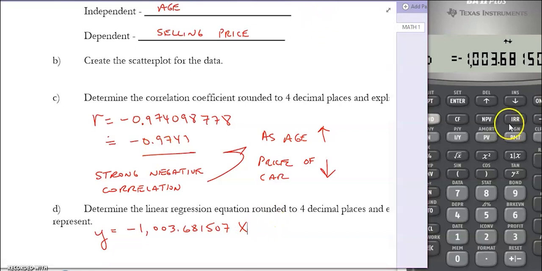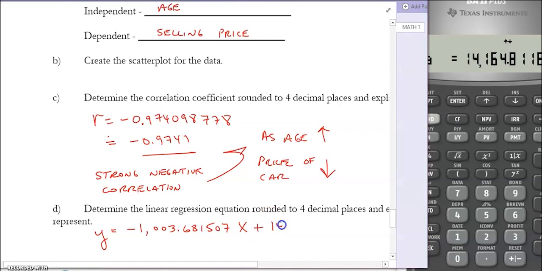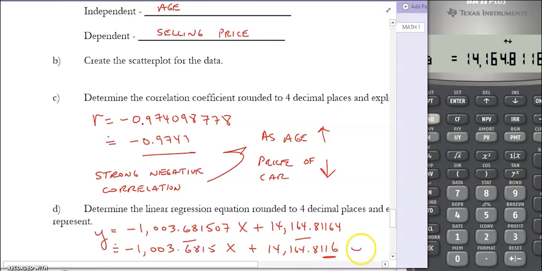Okay, your slope and y-intercept. Once again, everything rounded to 4 decimal places gives us y is equal to negative 1,003.6815x plus 14,164.8116, 4 decimal places.